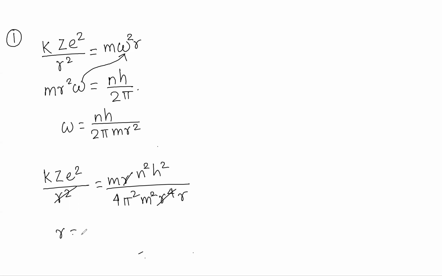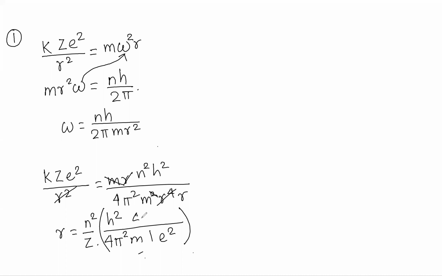And r is equal to, see all these remaining terms, most of them are constant. So I'll write n square outside. And then you have h squared divided by 4 pi square m. And from here you'll have k e square divided by z. So all of these terms over here, they are basically constants. In fact, you can simplify this a little more by saying that k is equal to 1 by 4 pi epsilon 0.